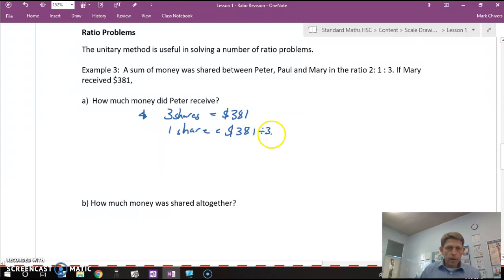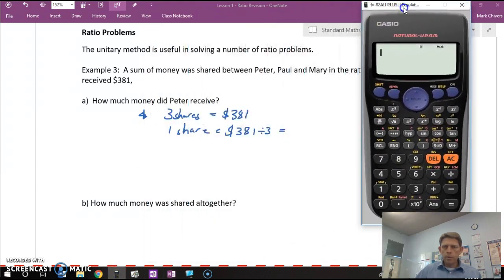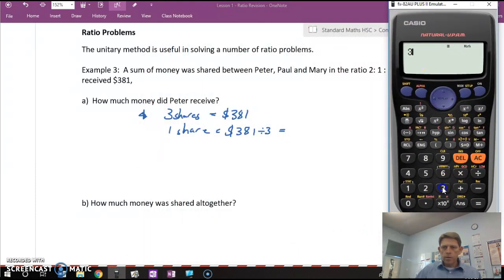divided by 3, which in this case we can use the calculator for. So 381 divided by 3 equals 127.